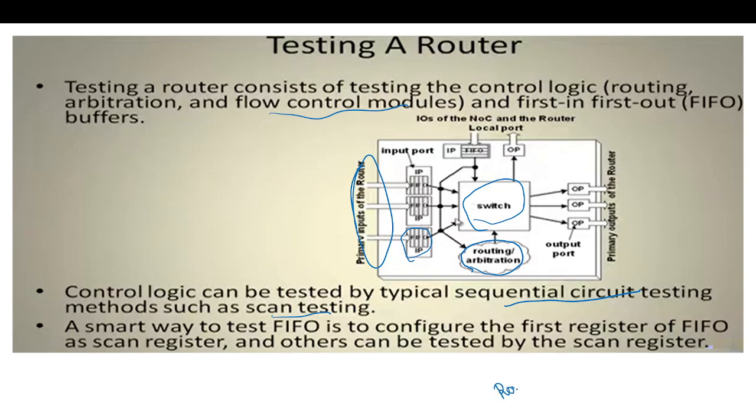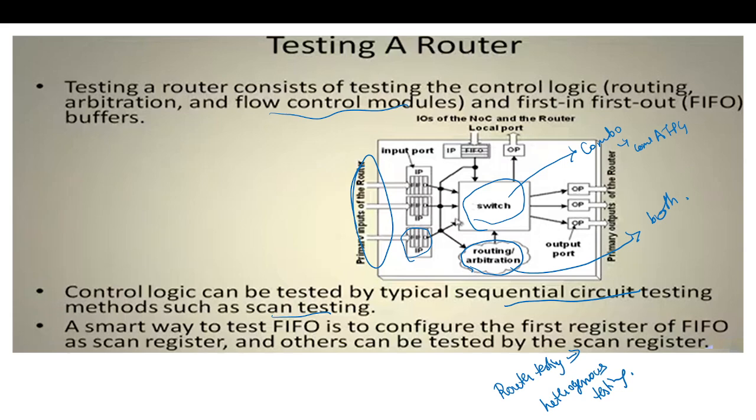So router testing is a heterogeneous testing. Here you can see the switch. If it is pure combinational logic, then we can test using combinational ATPG. And the routing and arbitration, as both are sequential logic, sequential ATPGs can be used.